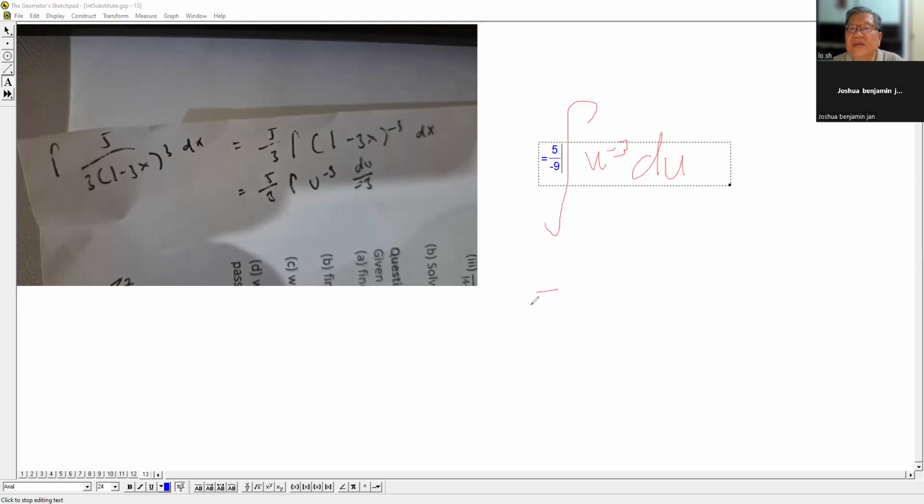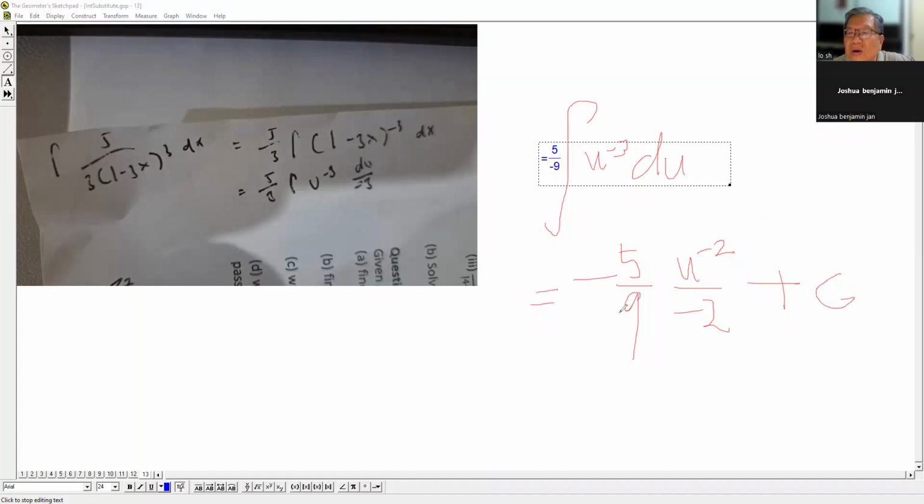So this one is -5/9. Then u to the power of -3 becomes what? Can you tell me? Integrate u to the power of -3: u to the power of -2 over -2, then plus c.